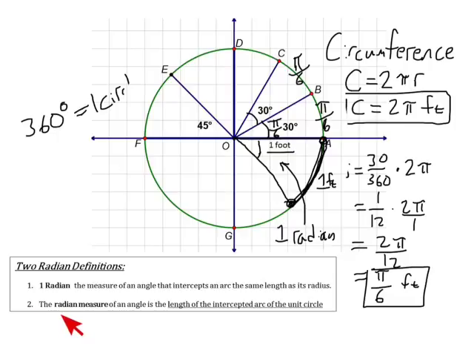But another way that seems to be useful for a lot of people is to think of this angle in radians as just the length of the arc in our unit circle. This is a unit circle, 1 foot or 1 unit. So that arc length is the radian measure. So that's the key.